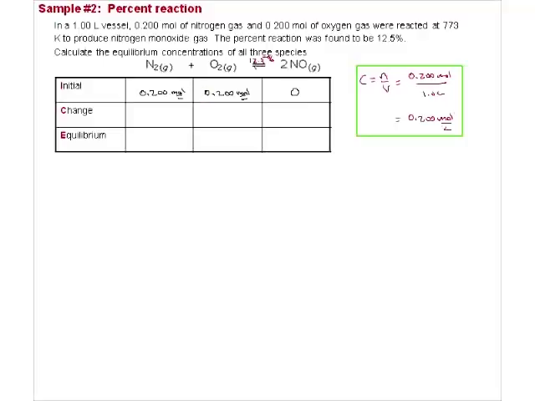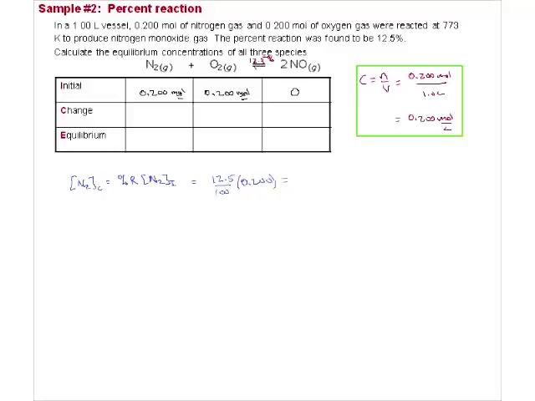We're going to calculate the change here of the nitrogen or the oxygen, doesn't matter, either or. So in this case, we're saying the change in nitrogen is the percent reaction times the nitrogen initial. So we'll put our values in.